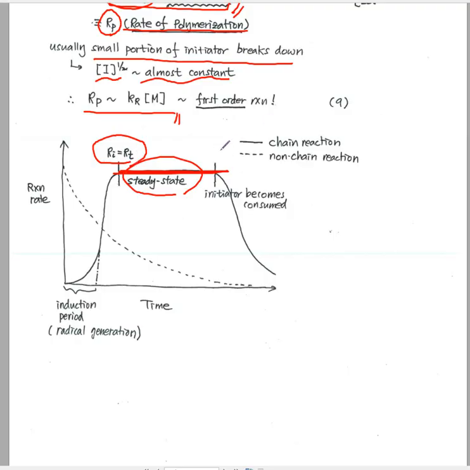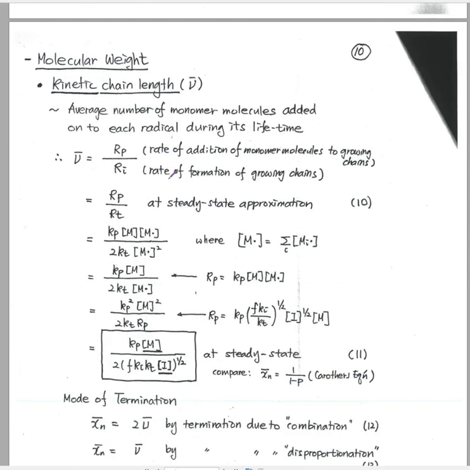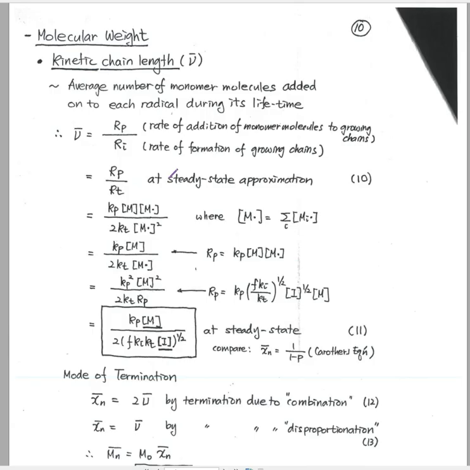Alright, so let's move on to the molecular weight part. If you recall from step growth polymerization, we learned about degree of polymerization, right? The number average degree of polymerization, remember? It basically means on average how many monomers are connected with each other. Similarly, in free radical polymerization, we use the term called kinetic chain length, nu.